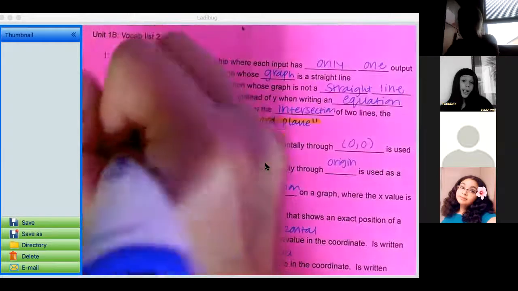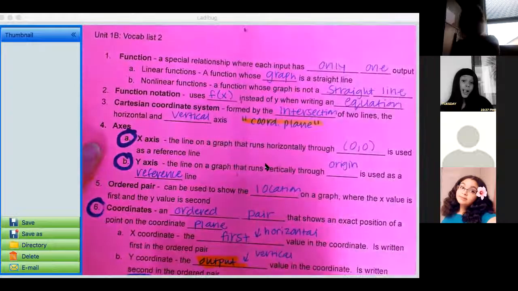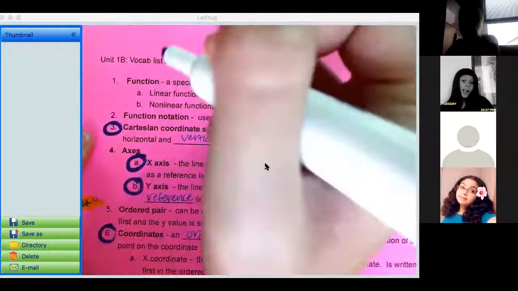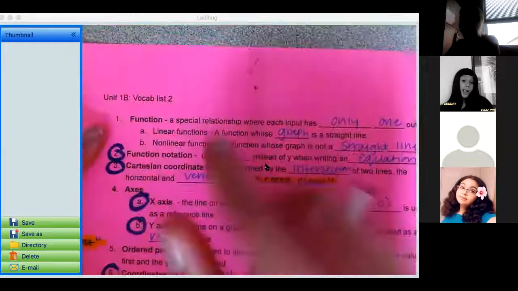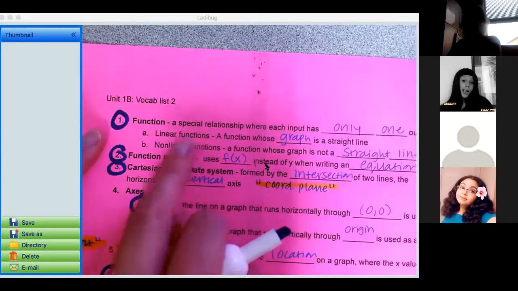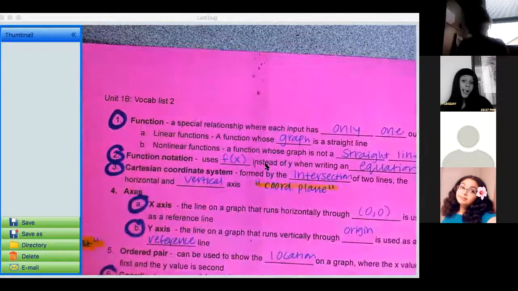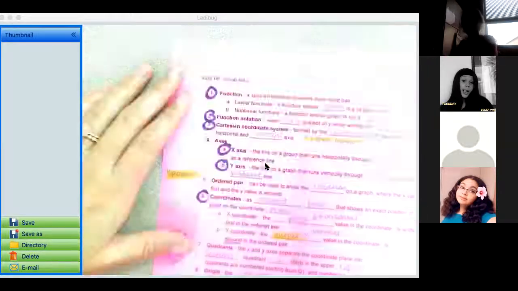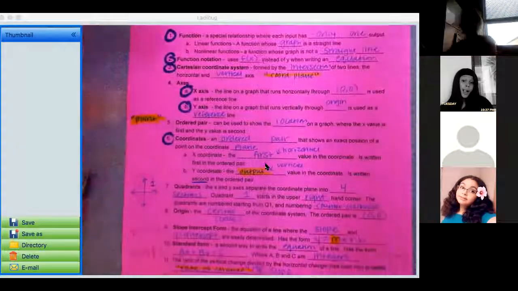X and Y axis, I need 2 different cards for that. Those are 2 different things, okay? Jordan, don't do that. You had 15 words the first time. This is less. Cartesian coordinate system, function, and then function notation. And function, you guys don't need to do linear or nonlinear. You can just do function. So I believe it is 14 words, which you technically had 16 the first time if you did all the parts like you were supposed to.